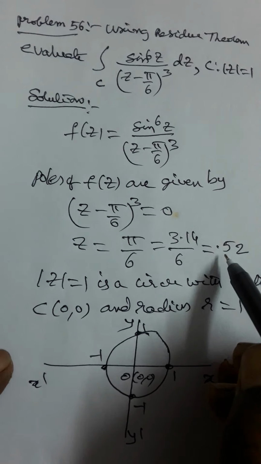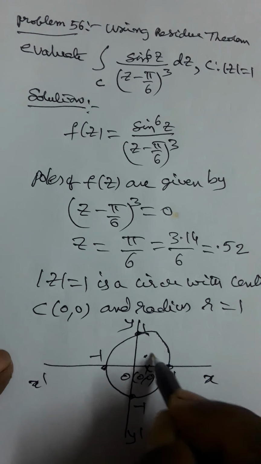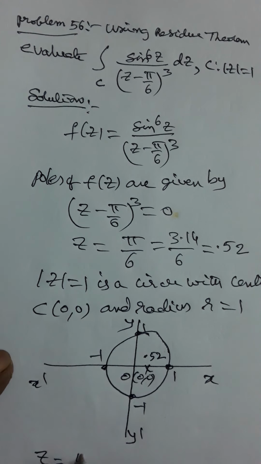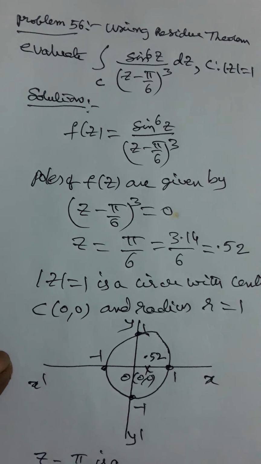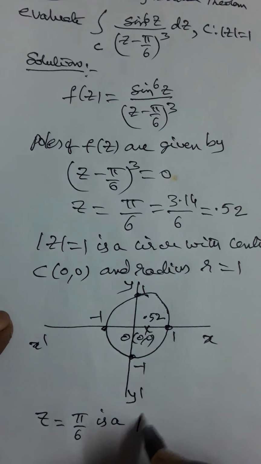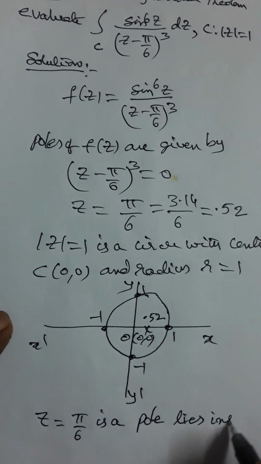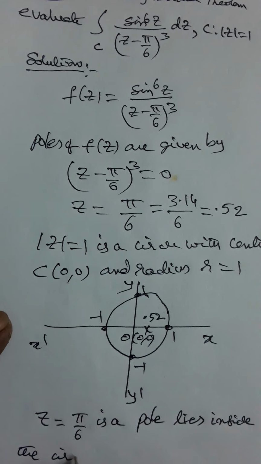So clearly 0.52 lies inside the circle. So z is equal to pi by 6 is a pole and it lies inside the circle mod z is equal to 1.